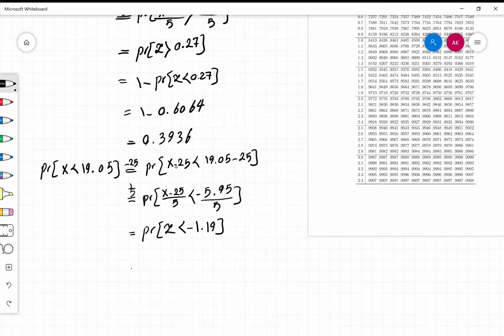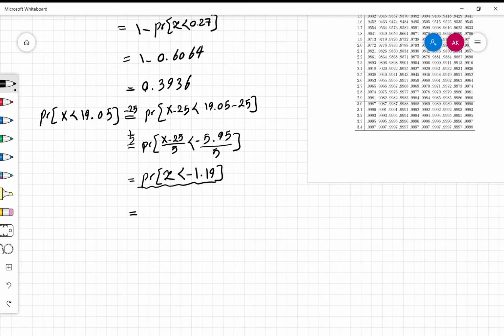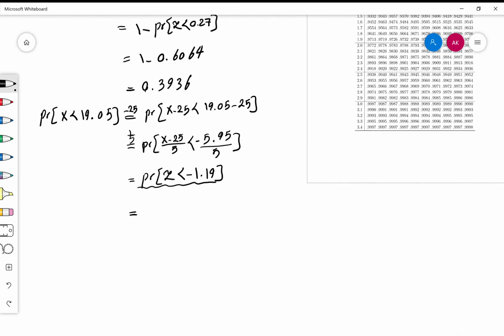And then, well, okay, very nice. We can now try to use the table to find this, but this is z less than a negative number. So we have to first drop the negative sign. But when you drop the negative sign, you have to flip the inequality.